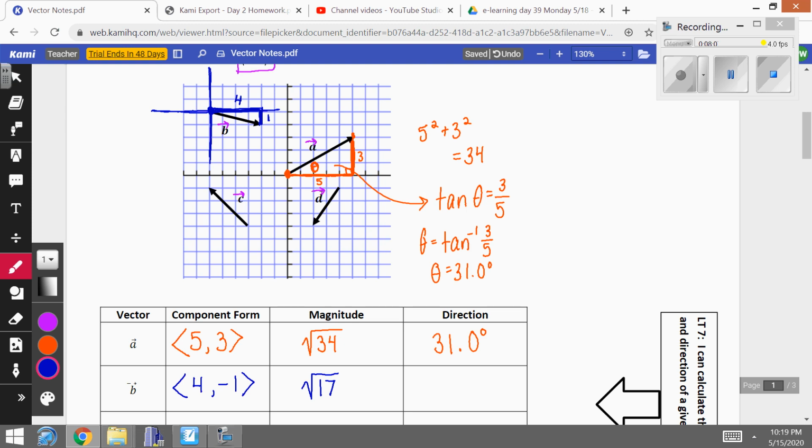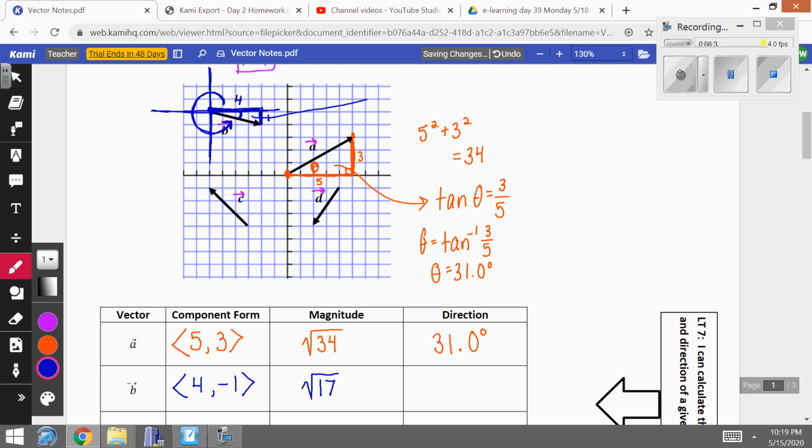Now for direction, this one we're going to have to think about a little bit here, because for our direction, again, it's from the positive x-axis going in a counterclockwise direction. That actually means, if you see what I just drew in here, we want that full angle, almost all the way around the circle right here. So what we need to find is this little angle right here. But we can do that just using trig.